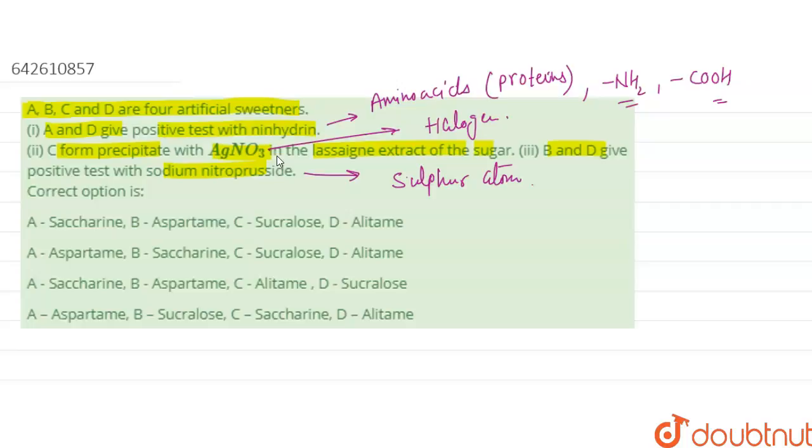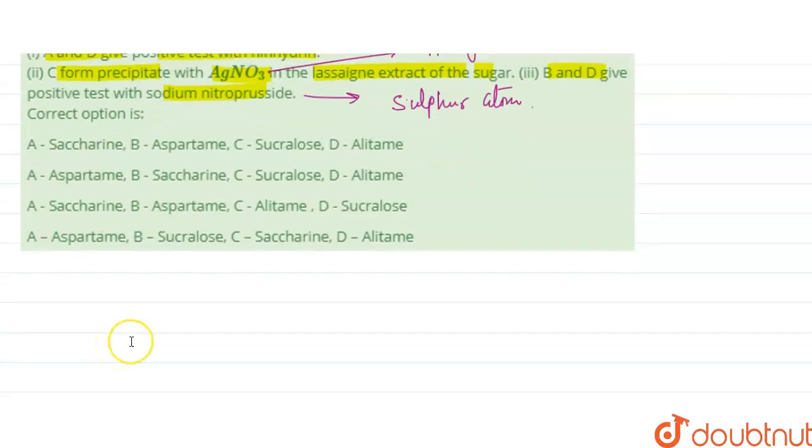Now to identify the artificial sweeteners, we have to know their structures. So let us talk about their structures. Now for the first, A, saccharin is given. We can draw the structure of saccharin.